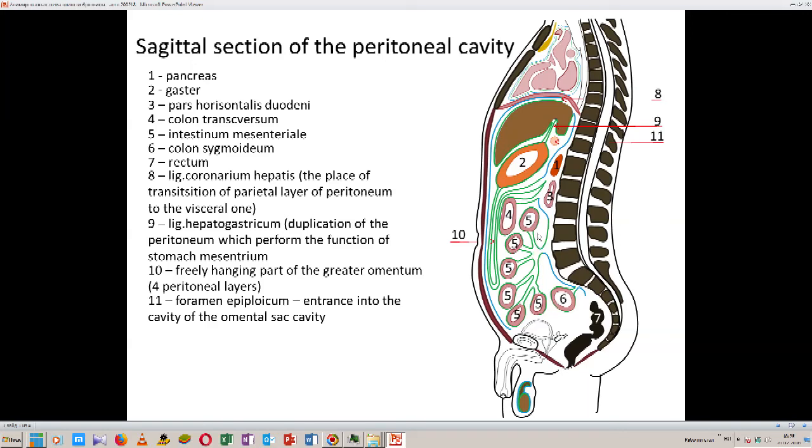So these two layers, parts of visceral sheets, are mesenterium. They hold each loop of the intestinum tenue and fulfill the function of moving. It's possible to move all these loops in different directions, to the left, to the right, because of this mesenterium.